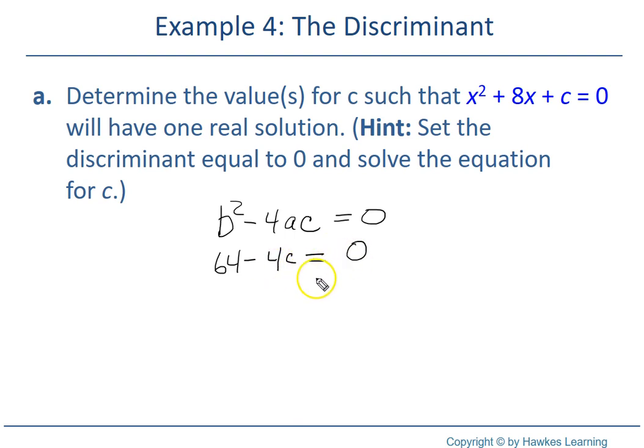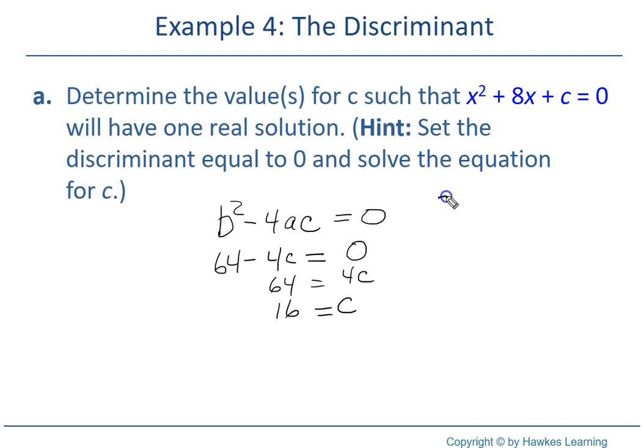So we can bring this negative 4c over to this side and get 4c. And this is 64. So we divide both sides by 4. C equals 16. Now let's just follow what I had said here too.